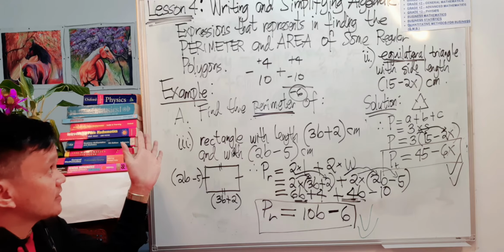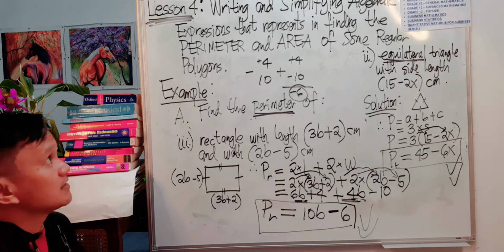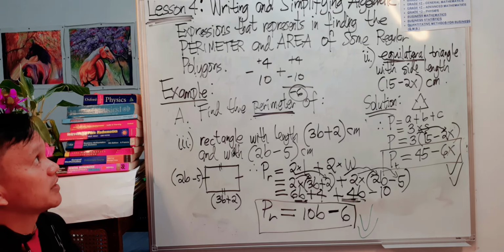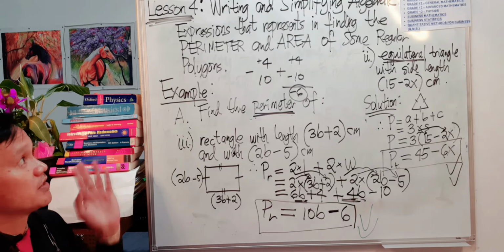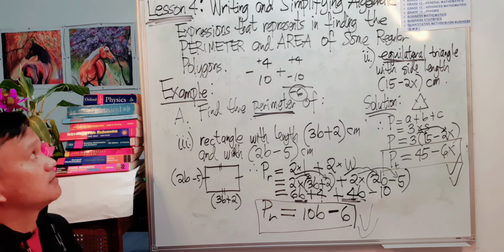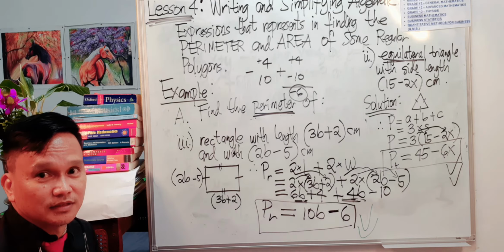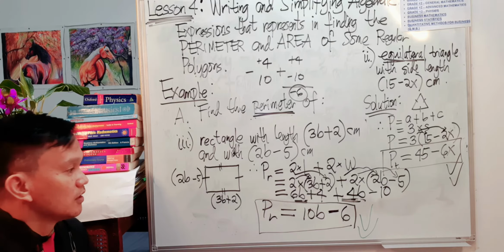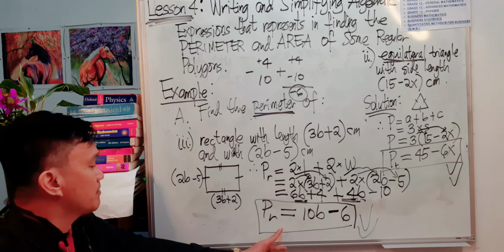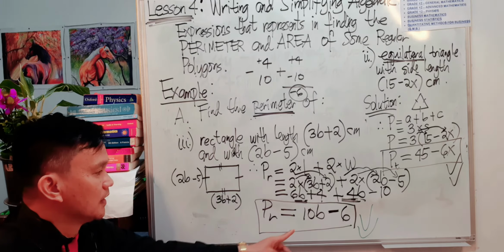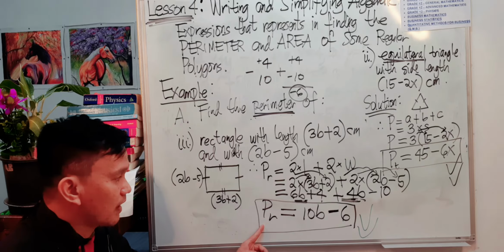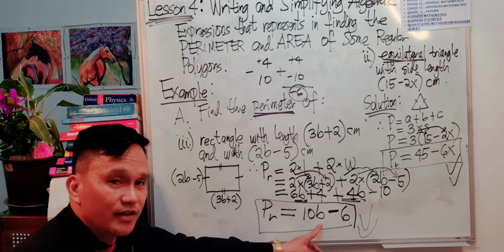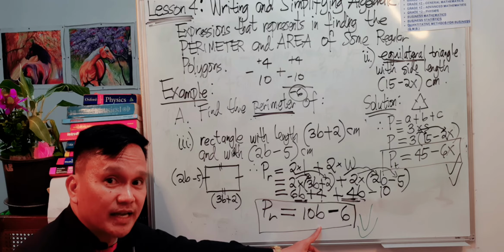Okay, so this is writing and simplifying algebraic expressions that represent the perimeter and area of some regular polygons. This is very common. Now, in this number 3, if we are asked to calculate the perimeter, then the value of b must be provided.